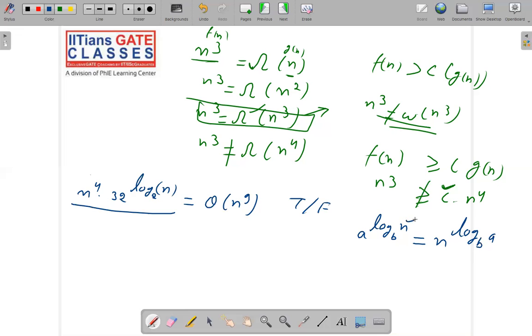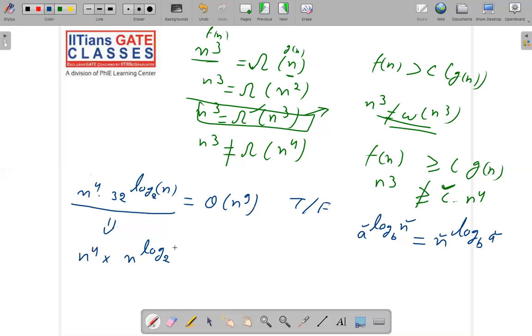So you can swap n and a here. We will be swapping that here. So this can be written as n raised to power 4 multiplied by n, swapping 32 and n.